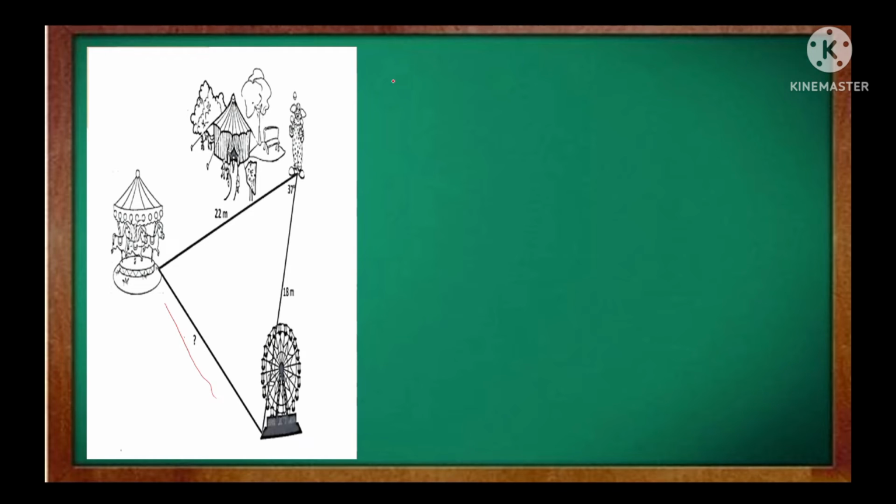So let's say na si unknown is the side A. So A squared is equal to B squared plus C squared minus 2BC cosine angle A. So this is the formula. So now let's substitute the values. A squared is equal to B squared. So let's say our side B is 22.